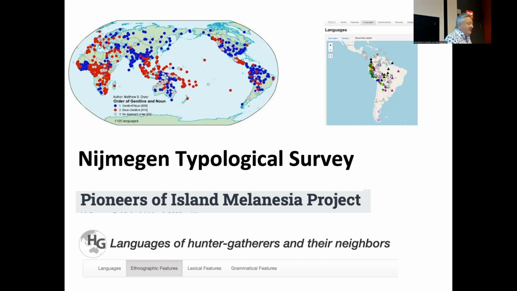And if I was to trace the origins of some of the specific thinking about the possibilities for the Grambank project, it might go back as far as 2010 to a New Zealand Marsden grant that Quentin Atkinson and I got, where we tried to think about what you might need if you were to bring together data, both lexical and grammatical, for all the world's languages, and what computational tools you might need.